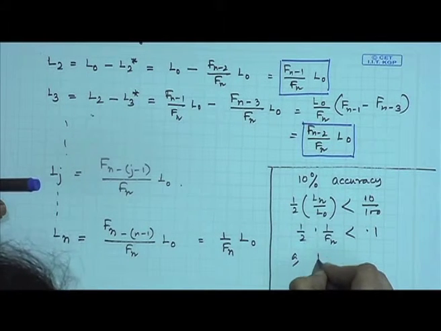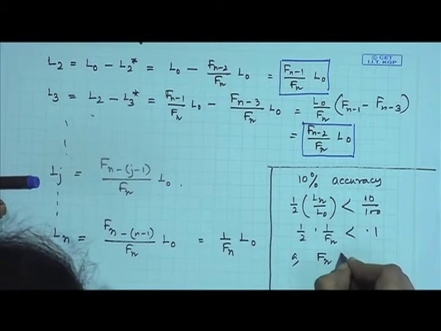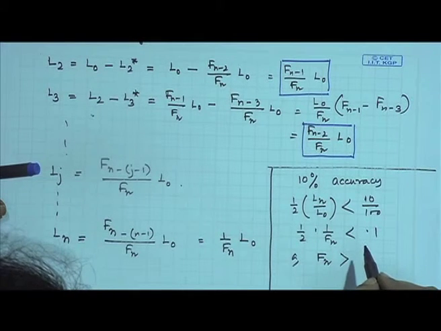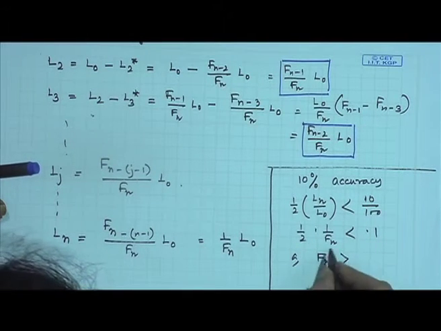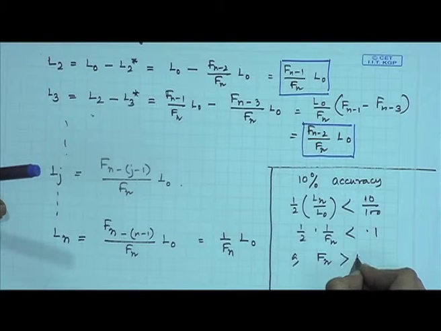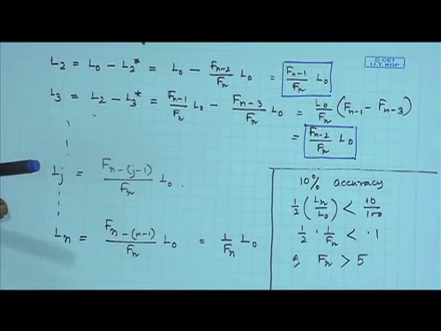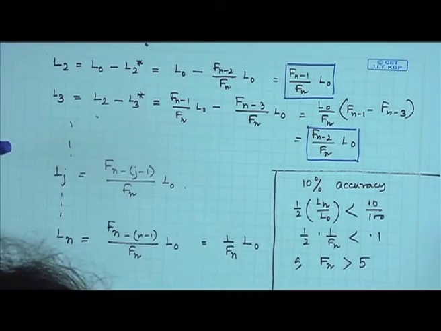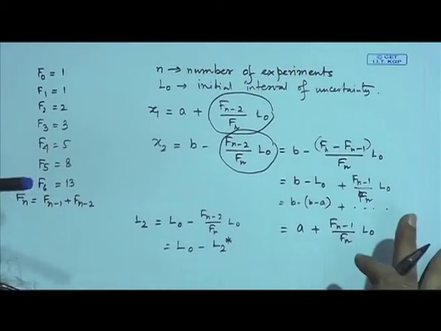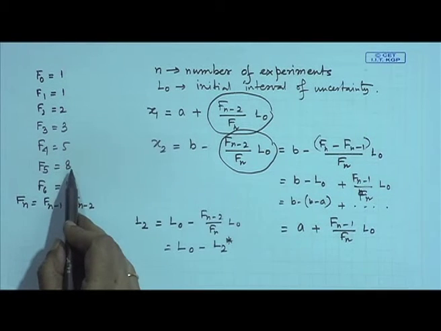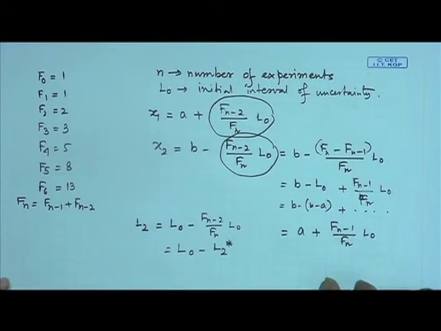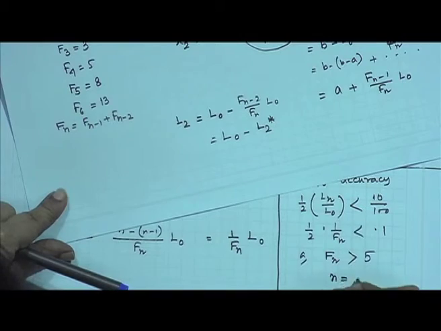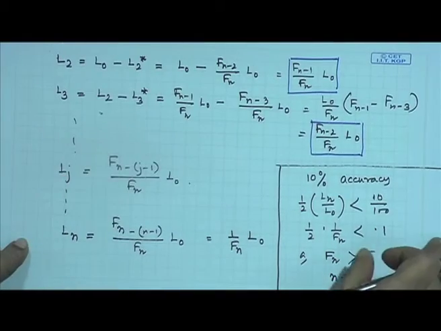In other words, Fn must be greater than 5, since 0.1 means 0.2 times half, that is 1 by 5. Now, what is the minimum n to get Fn greater than 5? n is equal to 5. That is why I have to do 5 operations.